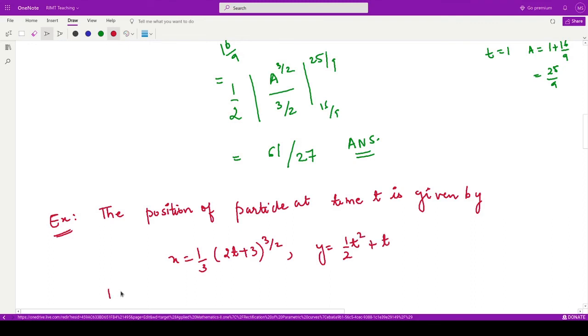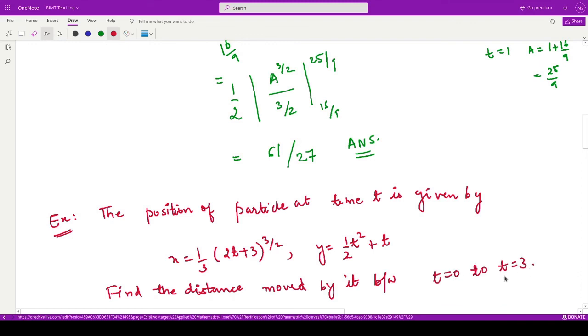Then find the distance moved by the particle between the points t is equal to 0 to t is equal to 3. So this you have to find out, what is the distance moved by this particle.